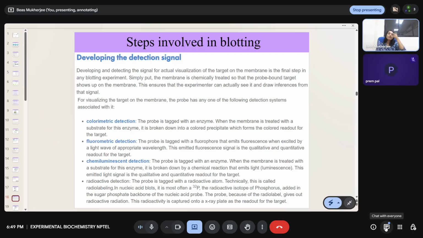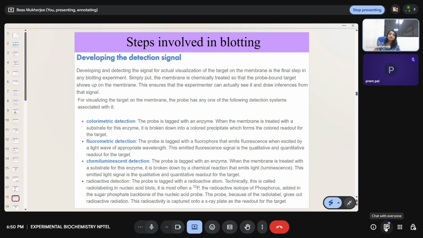The probe is tagged with an enzyme, let's say HRP, which is horseradish peroxidase. When the membrane is treated with a substrate for this enzyme, it is broken down by a chemical reaction that emits light, and that is why it is called luminescence. Luminescence means giving out light, right? So this emitted light signal is qualitative and quantitative readout for the target.